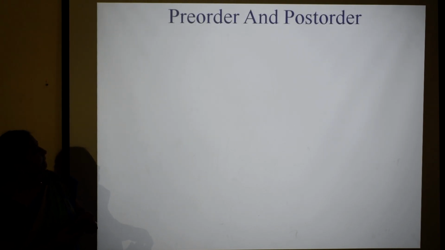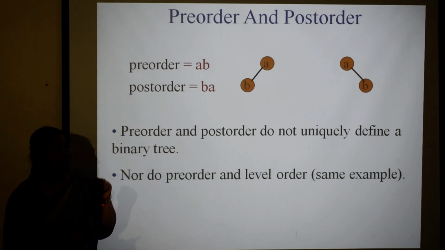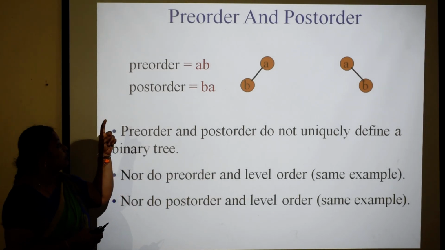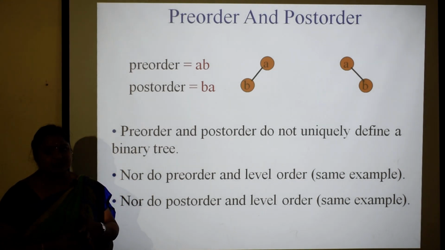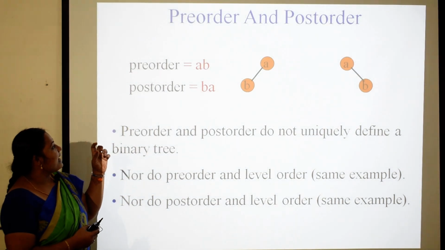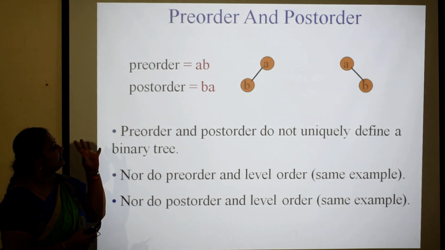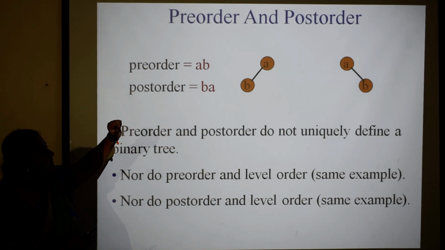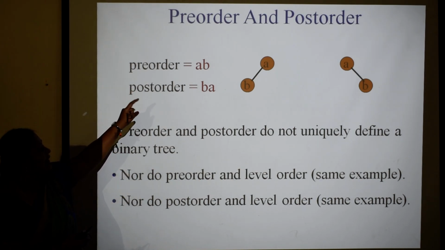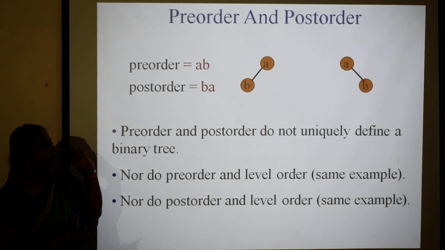Next, the pre-order and post-order are given. If a pre-order and post-order are given, then we can easily find the tree structure. We can determine the root node, and the left child and right child. In pre-order we know it is root node, left node and right node.